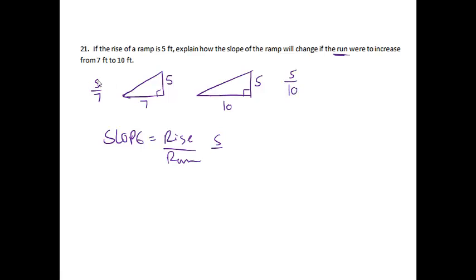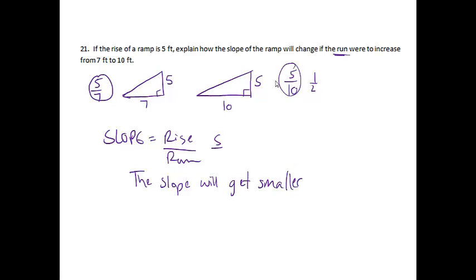Well, 5/7 is bigger than a half. 5/10 would reduce to a half, so this number is definitely bigger. So as I increase from 7 to 10, my slope actually gets smaller. So I'm going to say the slope will get smaller. And if you wanted to get these as decimals to compare them, that might be a good idea as well.